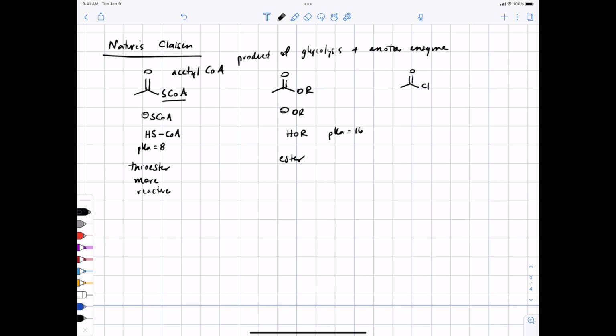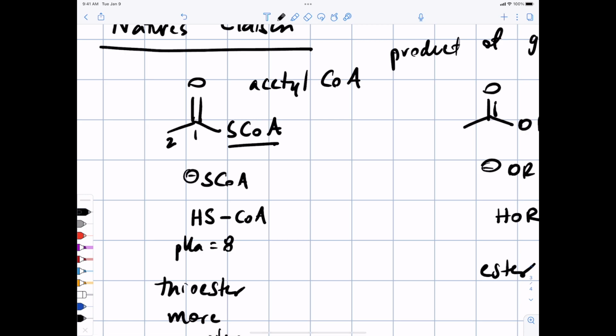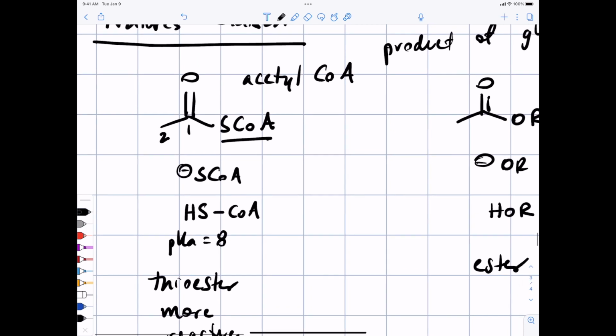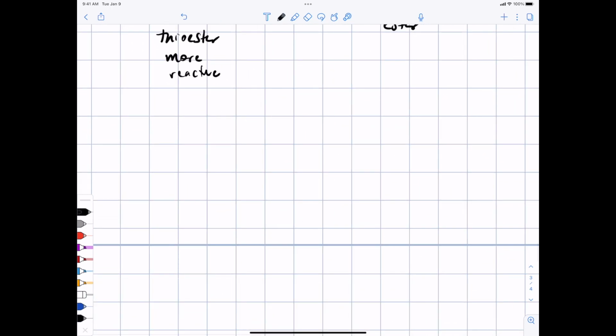And if you have too much of it, then your body stores it by using acetyl-CoA to make fatty acids. Acetyl-CoA just has 2 carbons. And that's important because all the fatty acids that your body makes have even numbers of carbons. All of them come from subunits of acetyl-CoA. All right, so what I'm showing you here is just a couple of the initial steps from fatty acid biosynthesis.